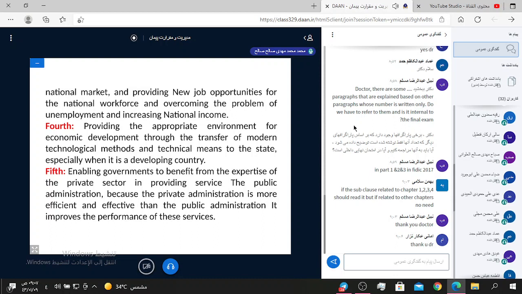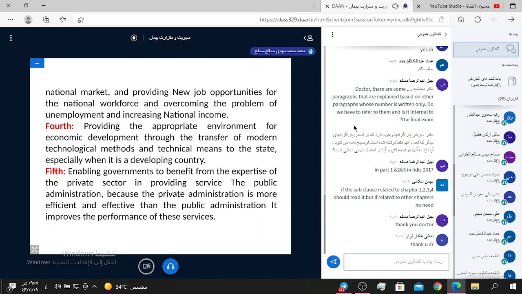Fourth, providing the appropriate environment for economic development through the transfer of modern technological methods and technical needs to the state, specifically when it is a developing country.